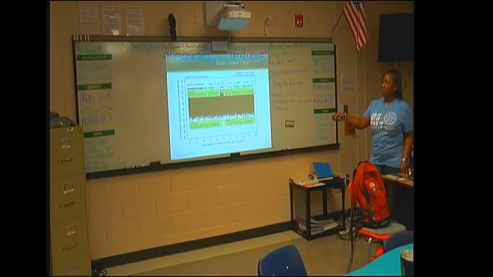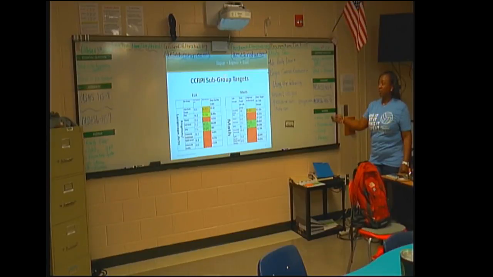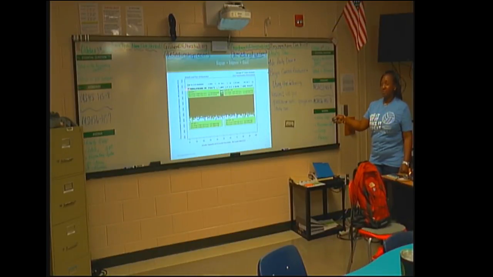In our building, which student do you think this generally represents? Yeah, TAG, right? So we know sometimes with some of our advanced students, even if the teacher doesn't say anything at all, that student will still achieve. When we come over here, this student scored 715 in 2015.